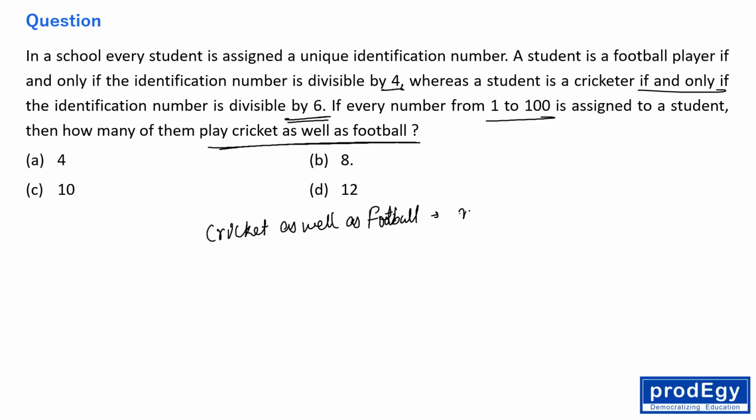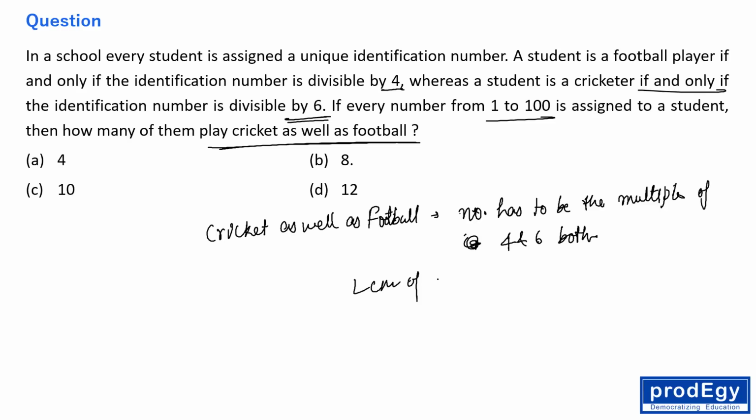So the identification number has to be a multiple of 4 and 6 both. So LCM of 4 and 6. LCM of 4 and 6 is 12.